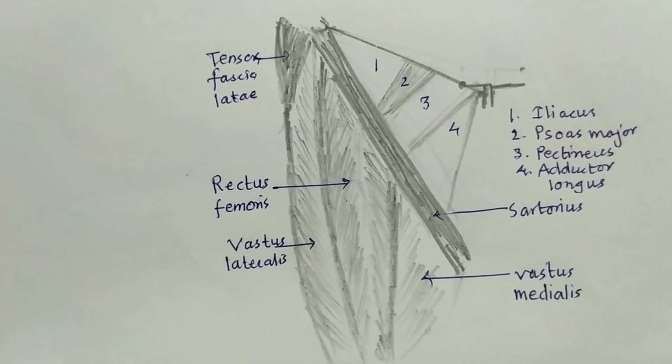These four muscles form quadriceps femoris. All of them are extensors of knee joint. They lock the knee joint at the end of extension. All of them are supplied by the posterior division of femoral nerve.